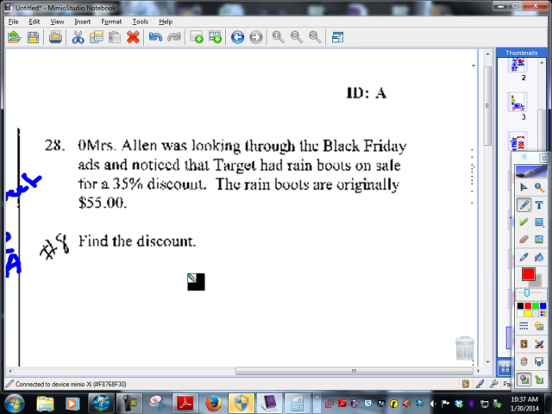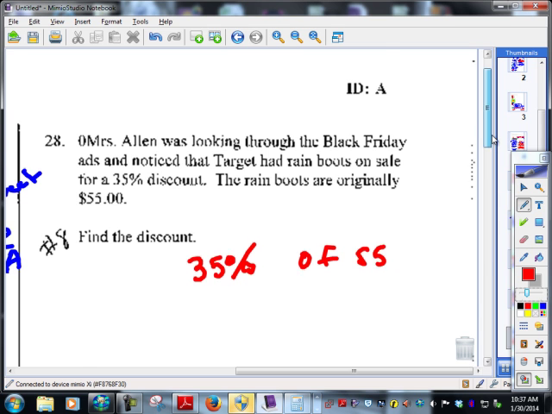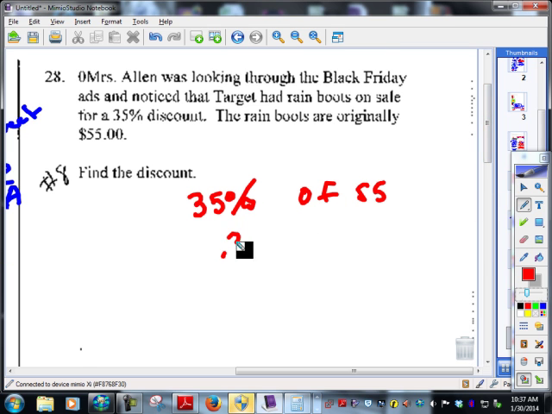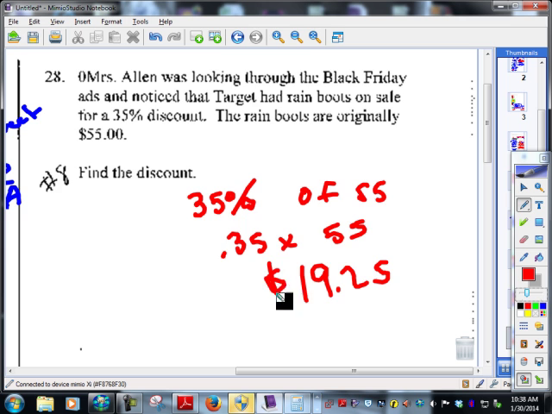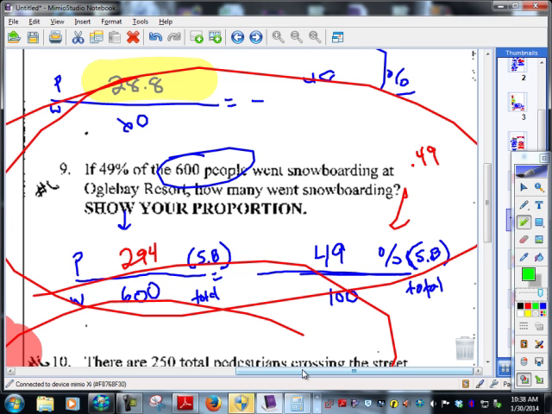Anytime you're finding discounts, just like that PlayStation 3 one earlier, we got to figure out what 35% of $55 is. That's the first step. 0.35 times 55 is $19.25. Everybody understand that?